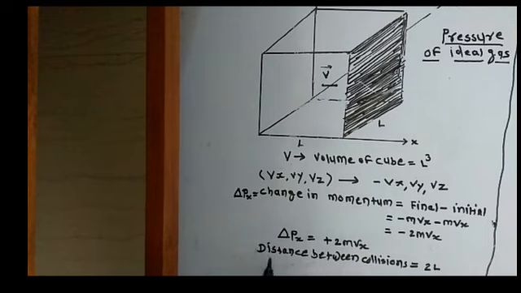During the collision, the molecule collides with the wall of the container and rebounds back. So in between two collisions, it travels a distance twice L, and the time interval for this collision is del T equal to twice L upon Vx.